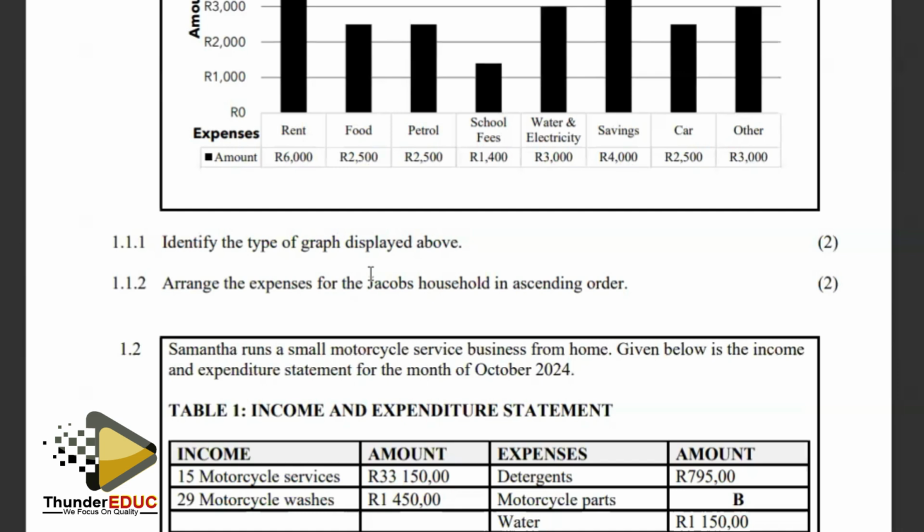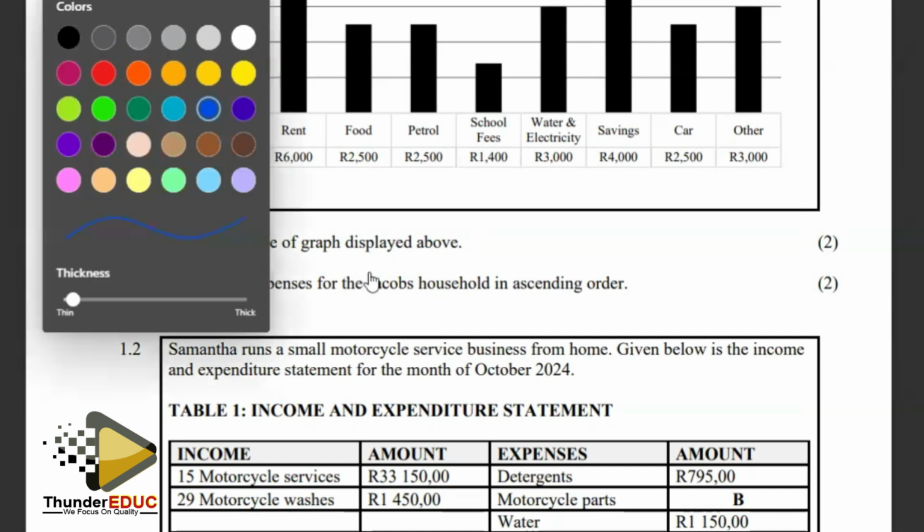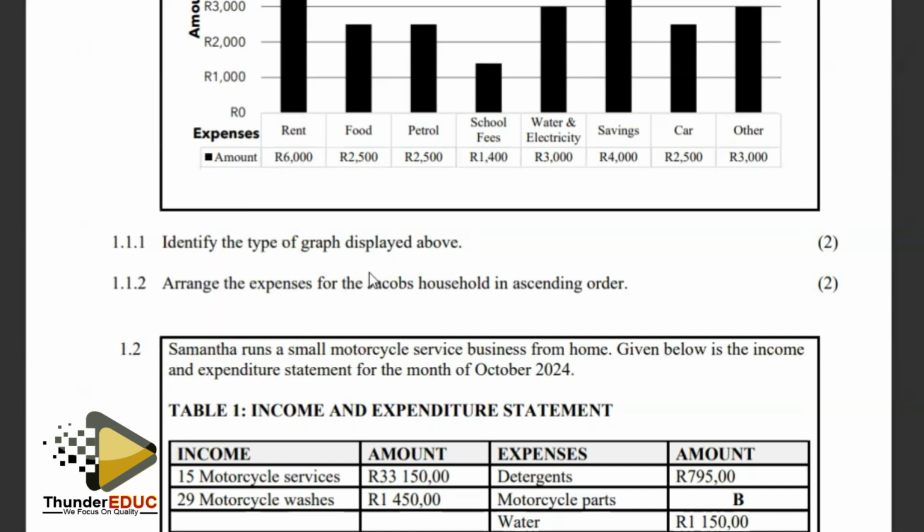So this one here, we can call it a vertical bar graph. Take note of that. They're telling us to arrange the expenses for the Jacobs household in ascending order.